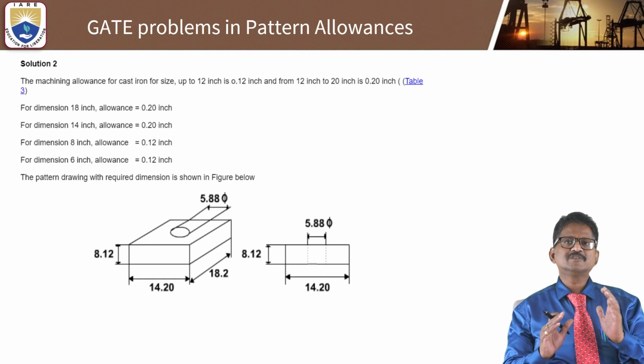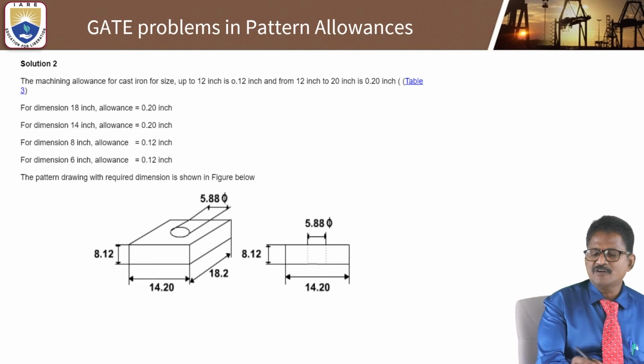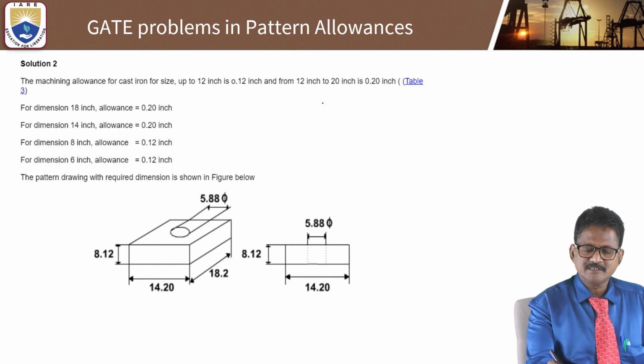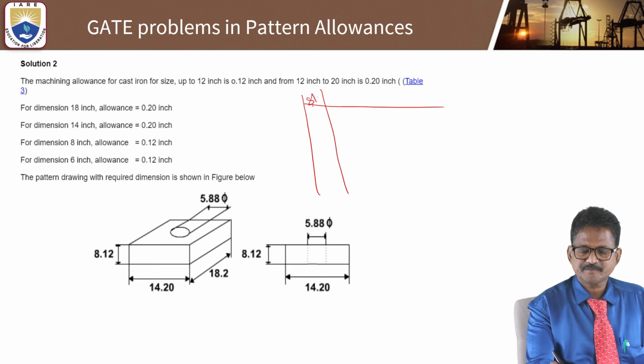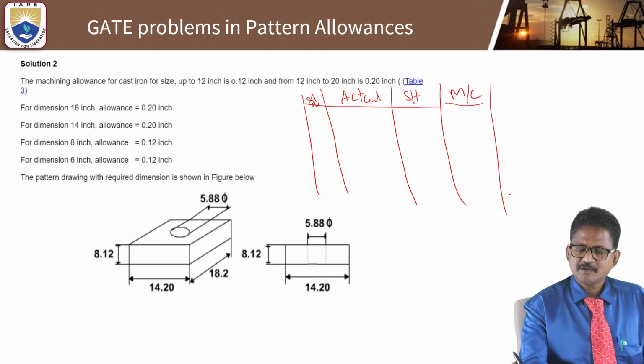So this is about how you can provide the allowances and how to get them. So for example, if you calculate all these components, this is the actual dimension. By providing shrinkage allowance, by providing machining allowance, by providing draft allowance.